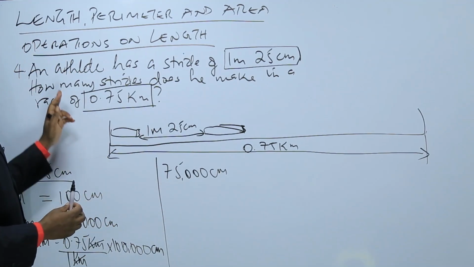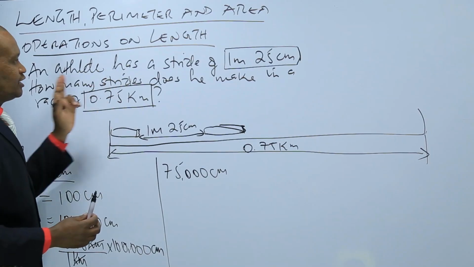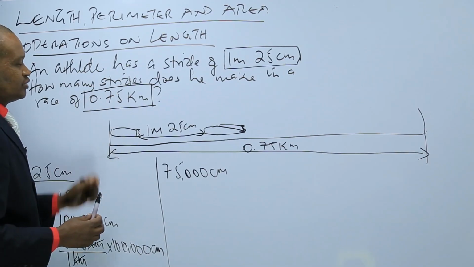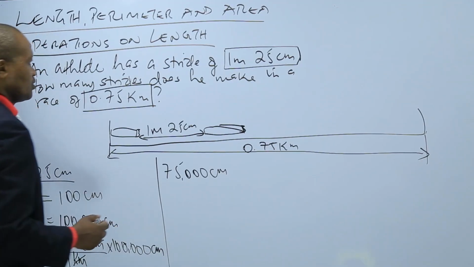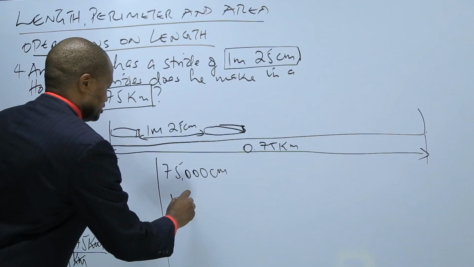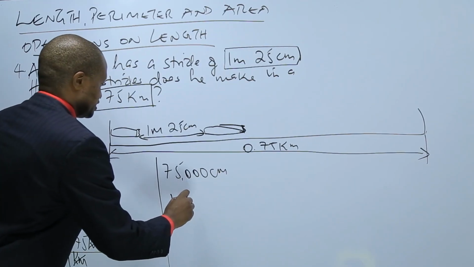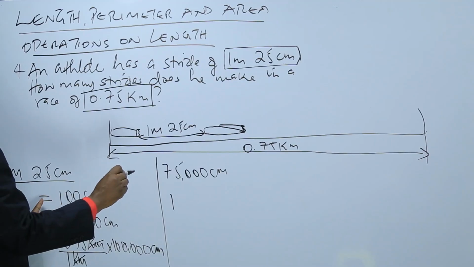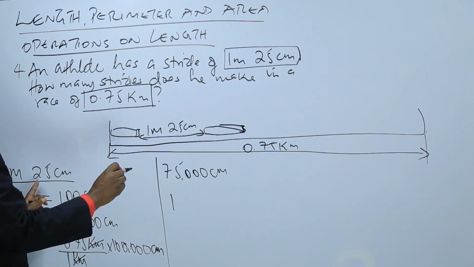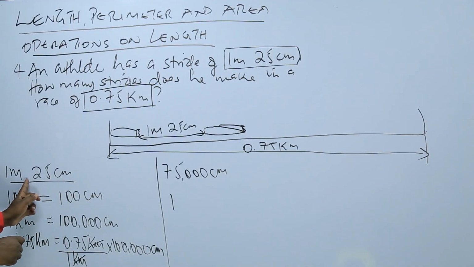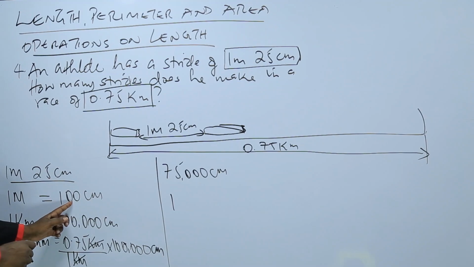Then the question, how many strides does he make in a race of 0.75 kilometers? We know that one stride is equal to 1 meter and 25 centimeters.